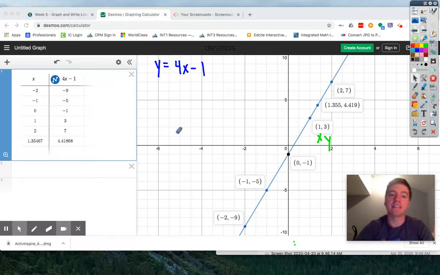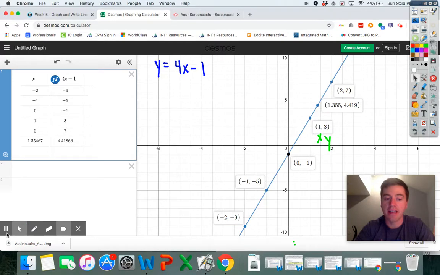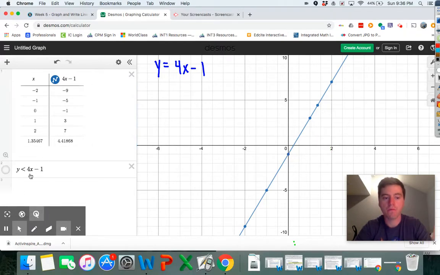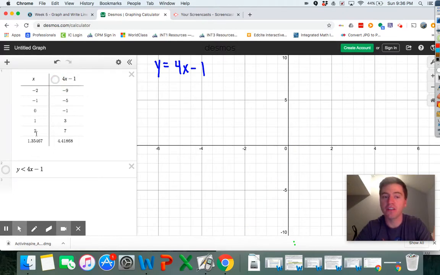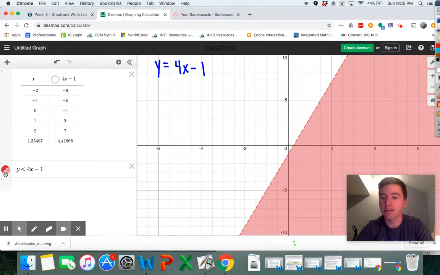How does it get different when we have an inequality instead? Okay, so I've put in y is less than 4x minus 1 here. Let's turn off the equation and turn on the inequality. What's different? Well, two things. One, this is no longer a solid line, and two, this is a shaded area.